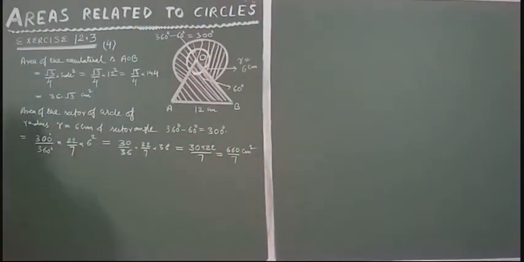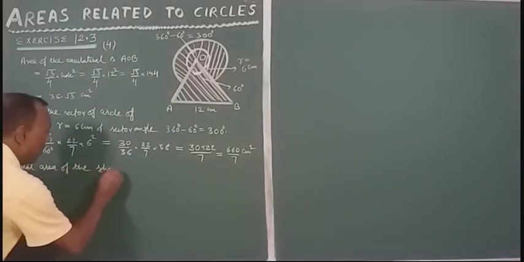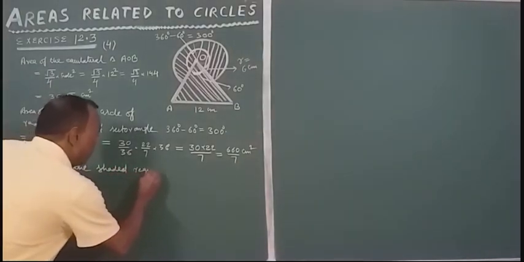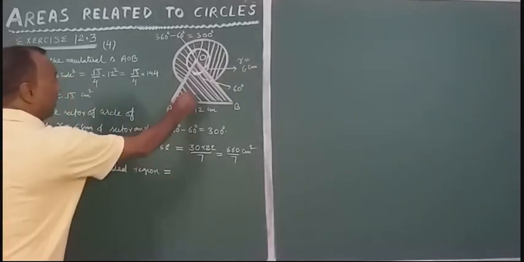The question is this, find the area of the shaded region. Now total area of the shaded region, this will be area of this triangle plus this.